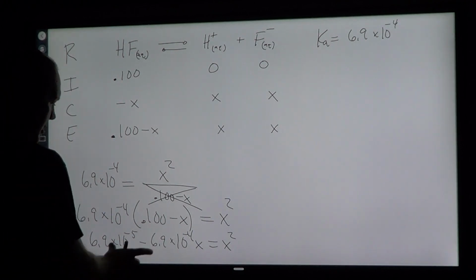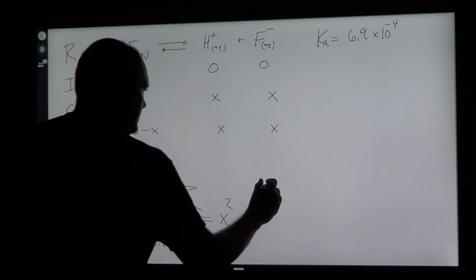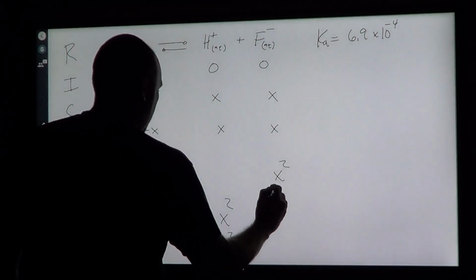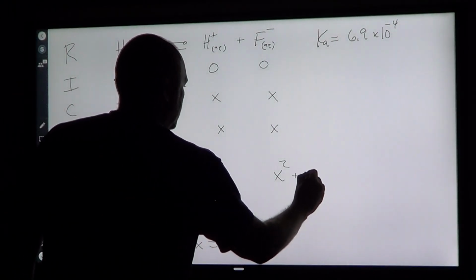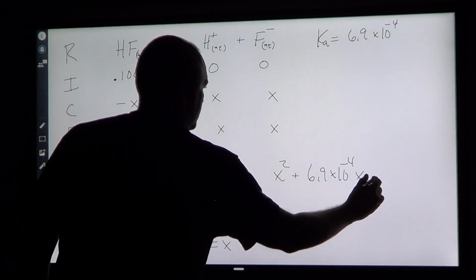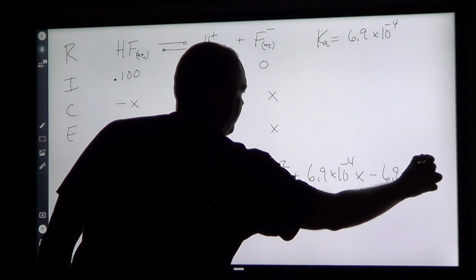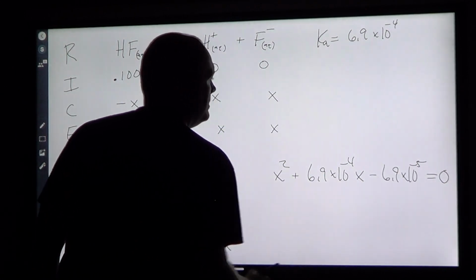And now we're going to bring both of these over to the other side. So we get x squared plus 6.9 times 10 to the minus 4 x minus 6.9 times 10 to the minus 5 equals 0.